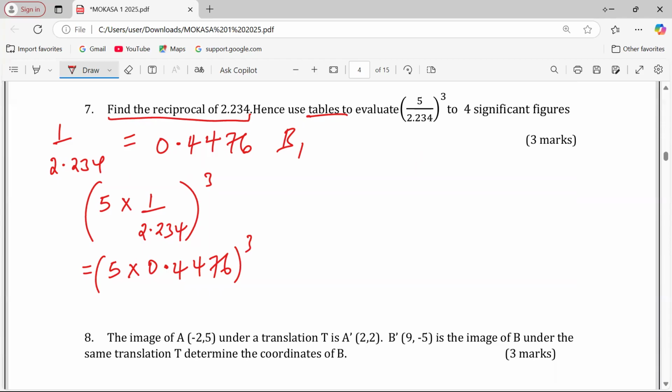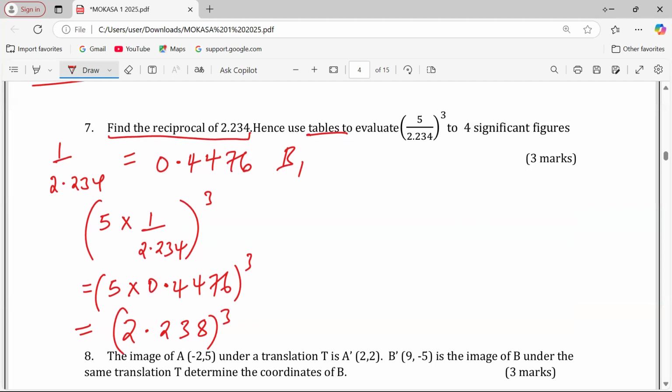So I will have 5 multiplied by 0.4476, which gives 2.238, power 3. So we should read this from the table of cubes.